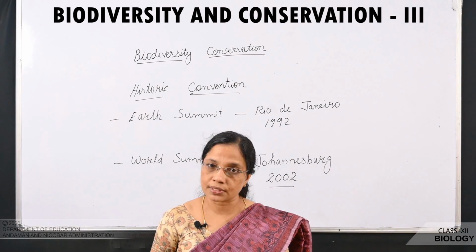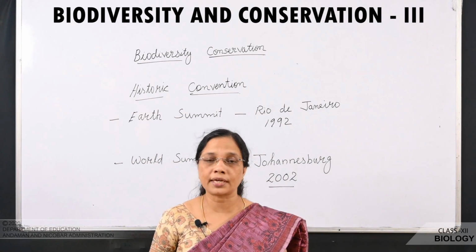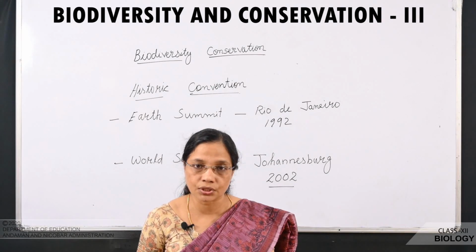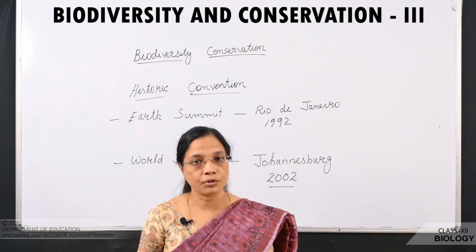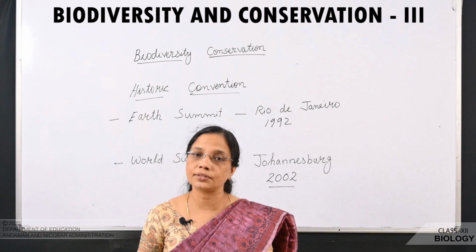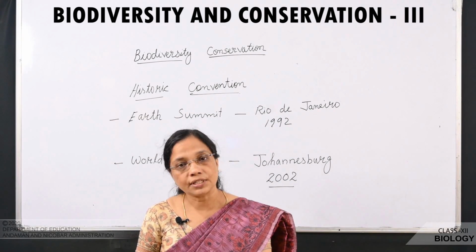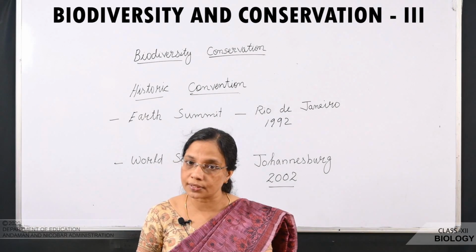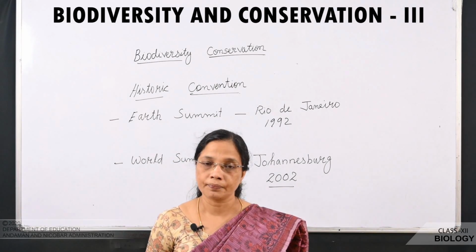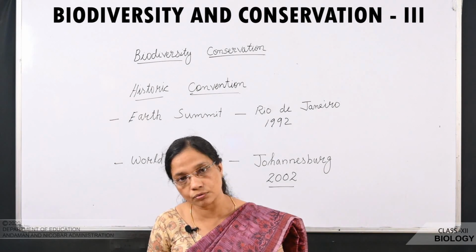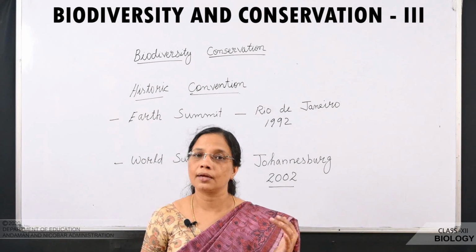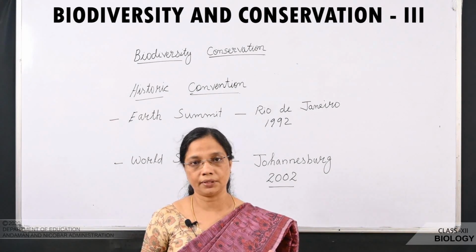We have also seen historic conventions like the Earth Summit and World Summit. The Earth Summit was held in Rio de Janeiro in 1992, with the agenda to conserve biodiversity, and the World Summit was held in Johannesburg in 2002. The agenda is sustainable development.